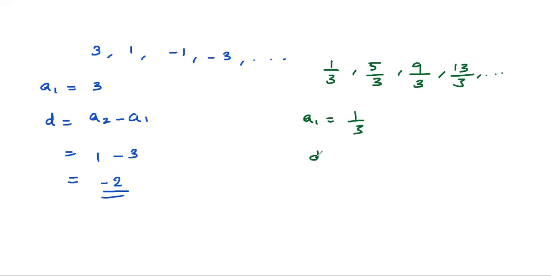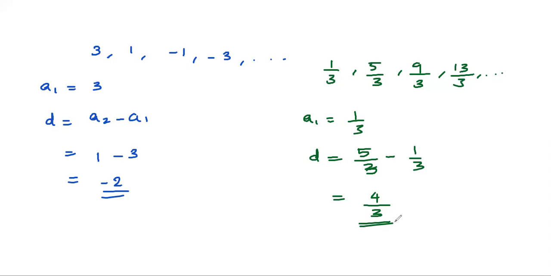Now to obtain the common difference D, we need to subtract the first term from the second term, that is a2 minus a1, or 5 by 3 minus 1 by 3. 5 by 3 minus 1 by 3 is 4 by 3. So the common difference of this sequence is 4 by 3. This is all we have to do in question number 3.